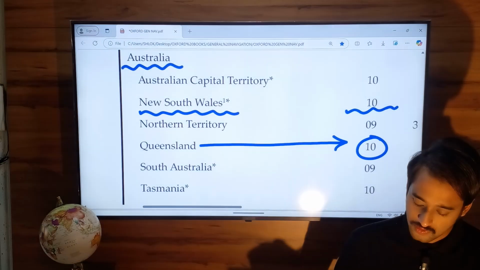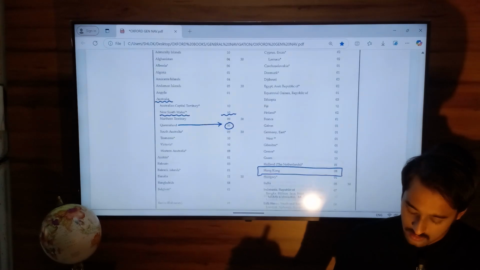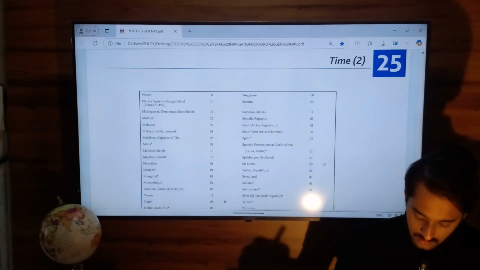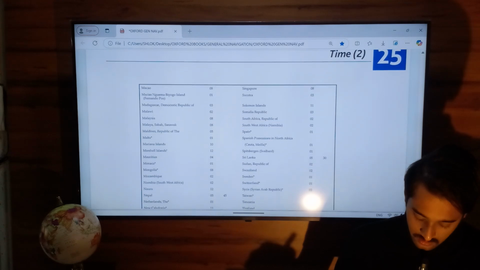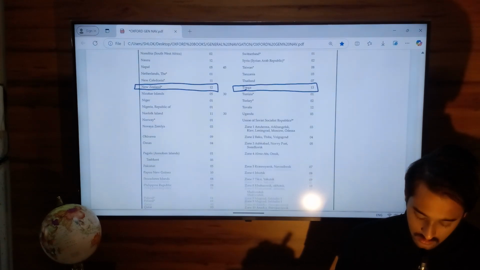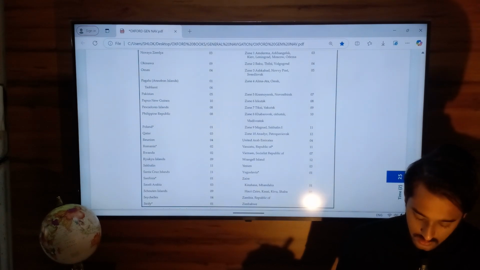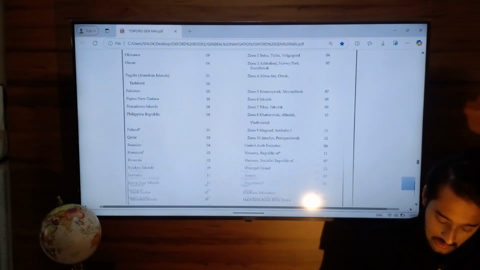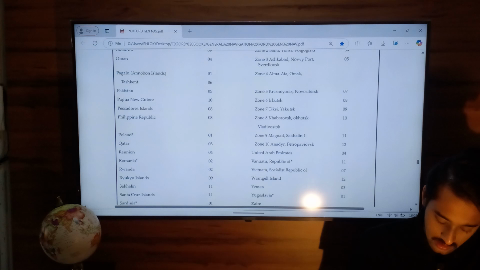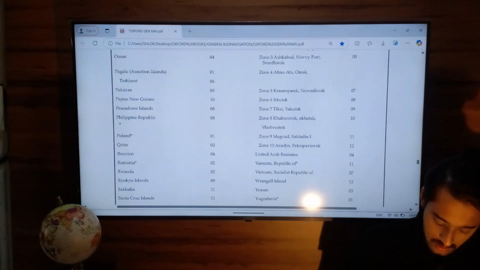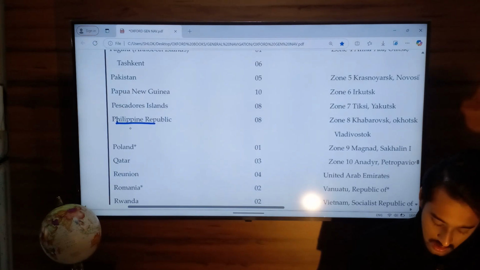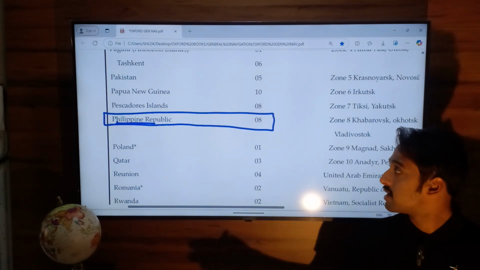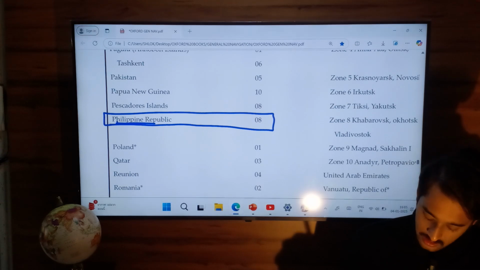Philippines. So as you can see here, the Philippine Republic is 8 hours ahead of UTC.